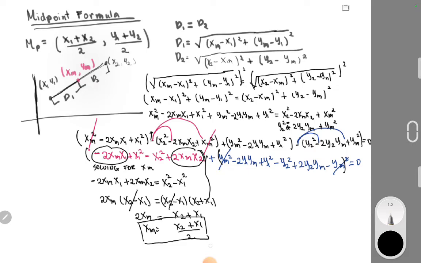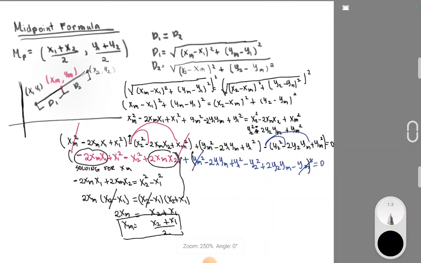Now, to solve for our point ym, we will undergo a similar procedure. Since we have already eliminated these two ym squared terms here, let us recombine those terms with ym.